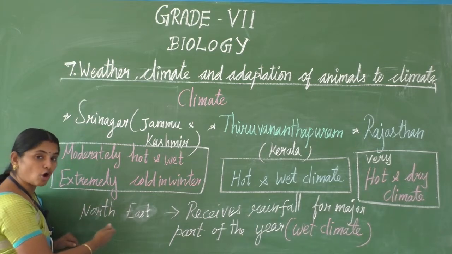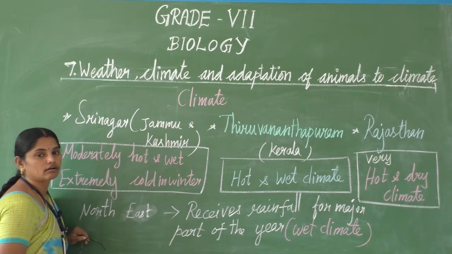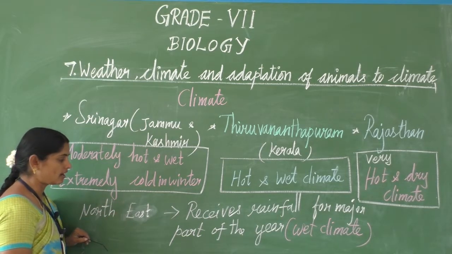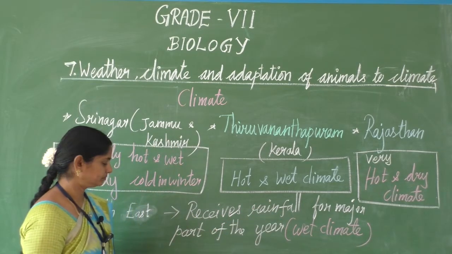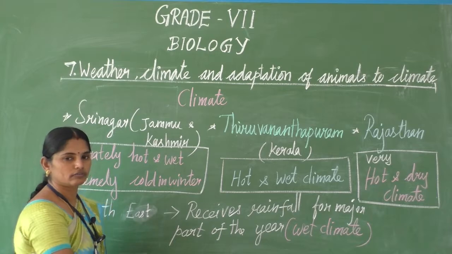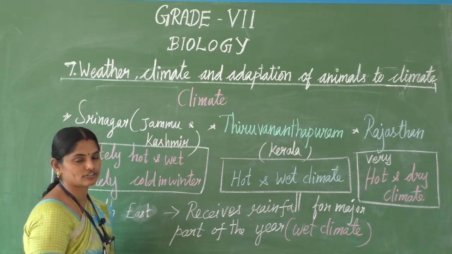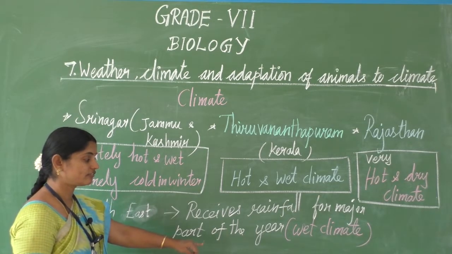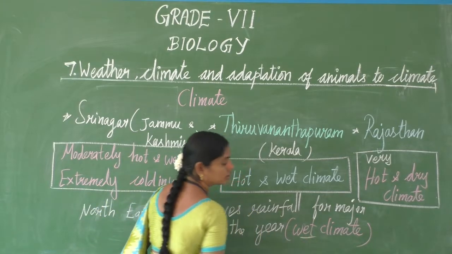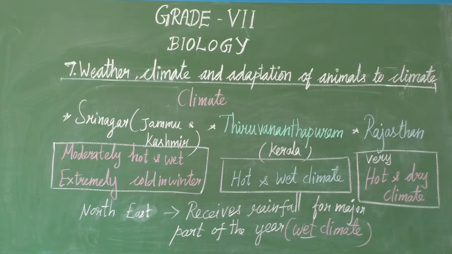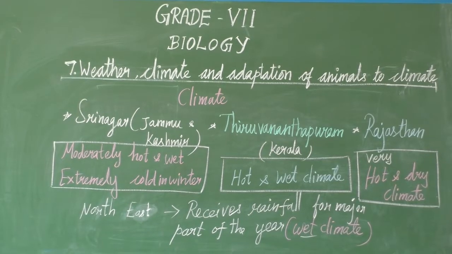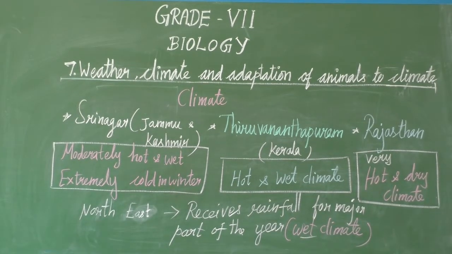Then if we go to the northeast part of our India, there receives more rainfall. So we can say wet climatic condition, northeast part of India, wet climatic condition. Clear, children? So what is that?